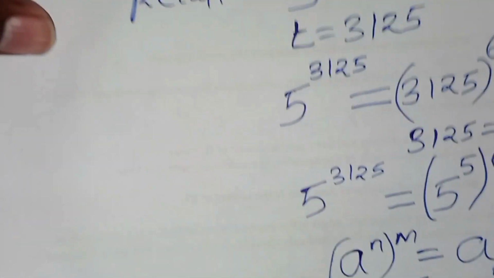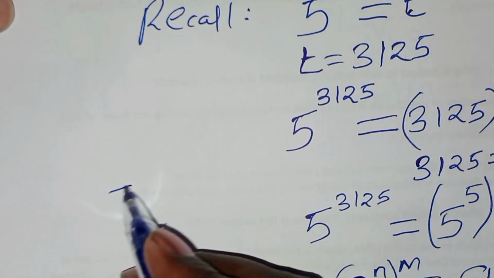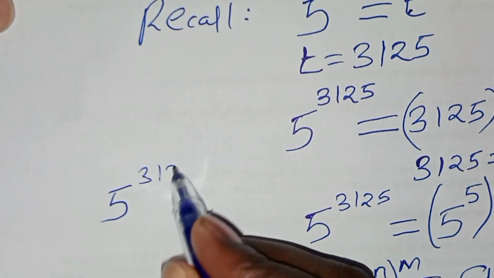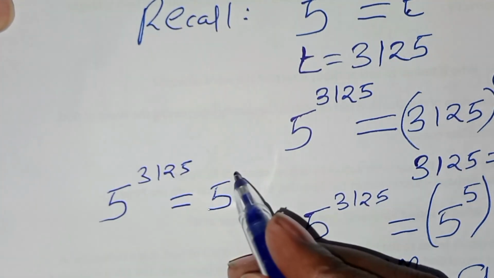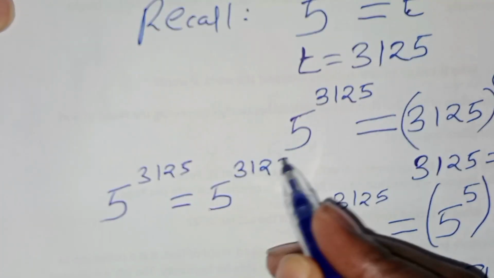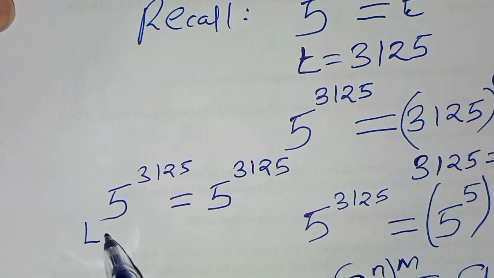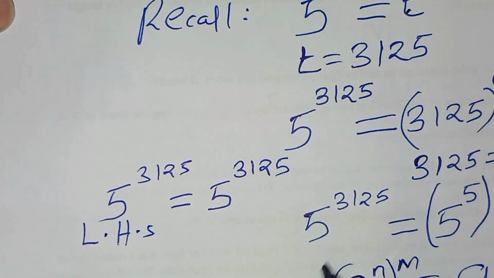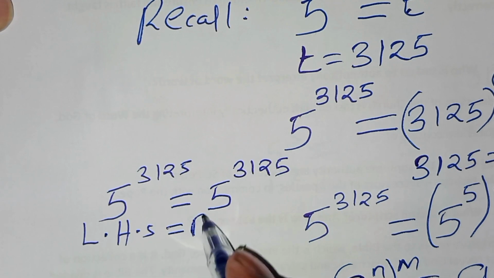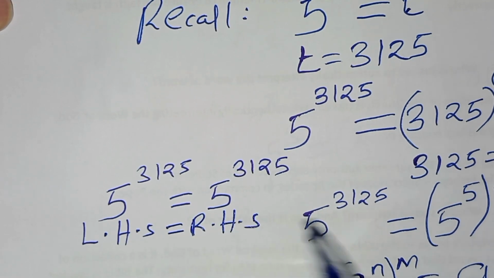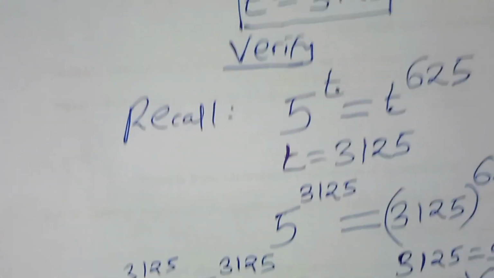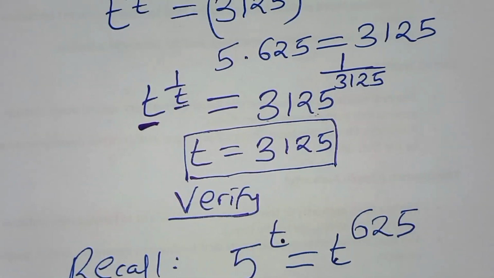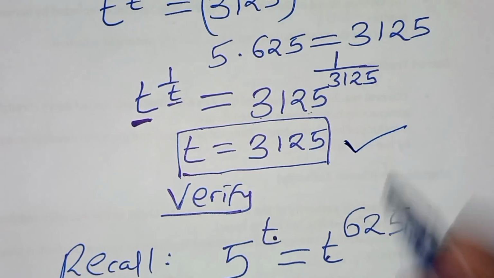Therefore, on the left side we have 5 to power 3125, equal to 5 to power 3125. That implies that the left-hand side is equal to the right-hand side, and that affirms that the value of t, which is equal to 3125, actually satisfies the equation.